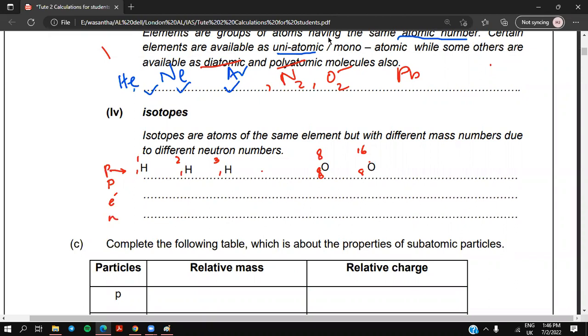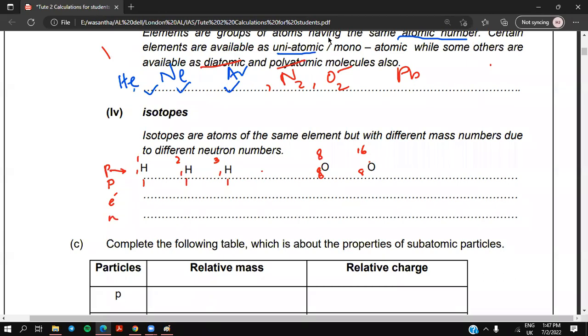And then we'll see. In the first one, proton number is 1. In the second one, proton number is 1. In the third one also, proton number is 1. Why? These are hydrogen isotopes. We have to show the name of the element irrespective of the isotope you are going to talk about.